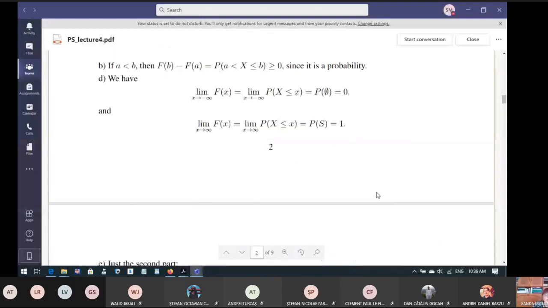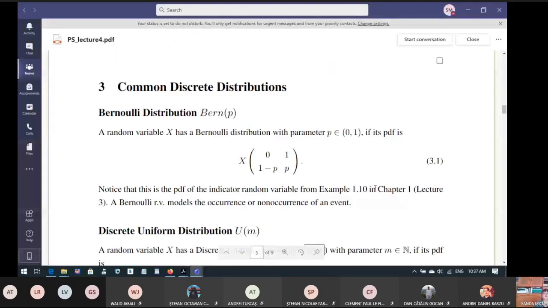Okay, so now let's look at common discrete distributions. This is an idea that follows the idea of probabilistic models. Distributions that occur, you know, of the same type. We're looking at the same things. We're using the same formulas to compute their probabilities.